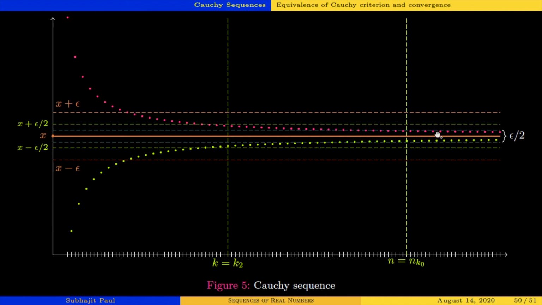So the total distance of this pink point and x is actually smaller than epsilon by 2 plus epsilon by 2, that is smaller than epsilon. So that lies within this epsilon band.